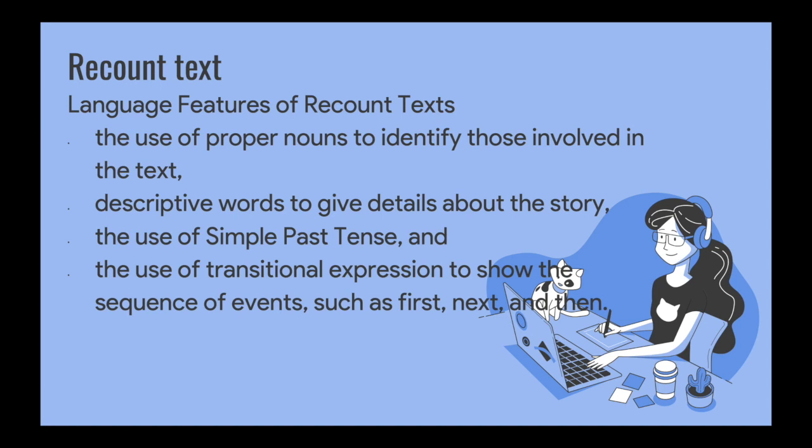Then descriptive words to give details about the story, the use of simple past tense and basically any past tenses because we are retelling past events, and the use of transitional expressions to show the sequence of events, for example first, next, and then, and so on and so forth.